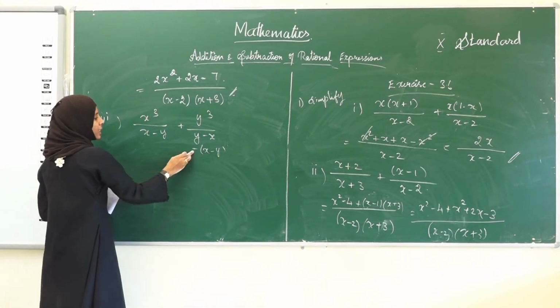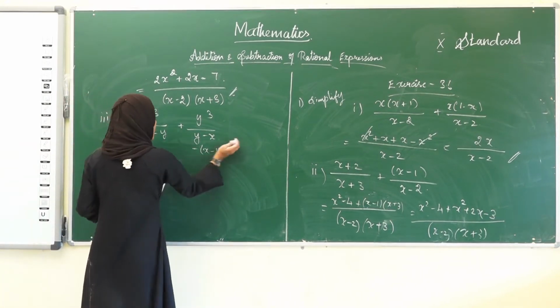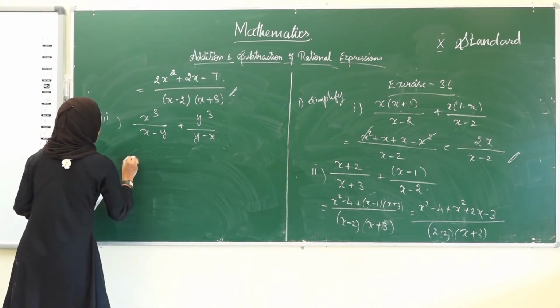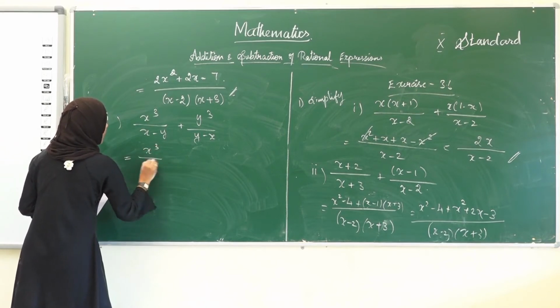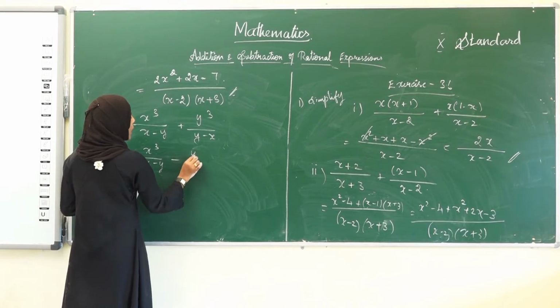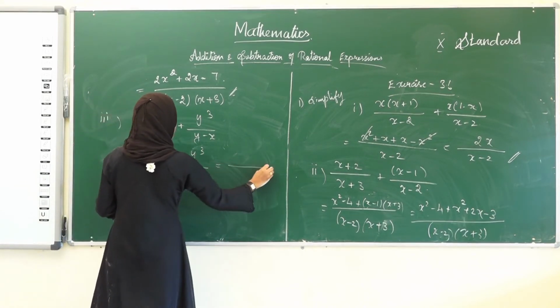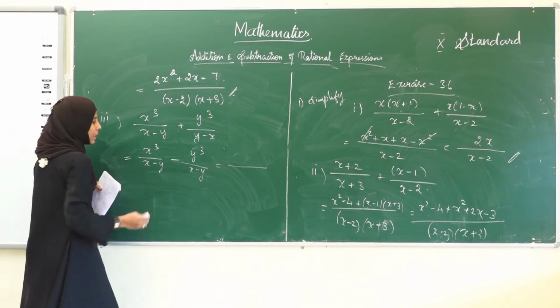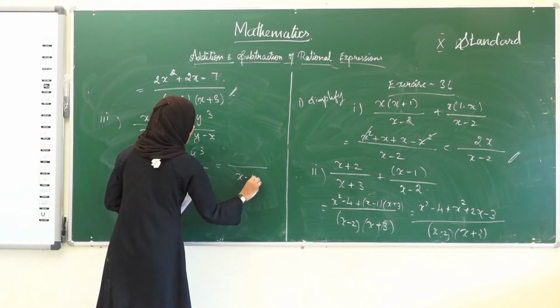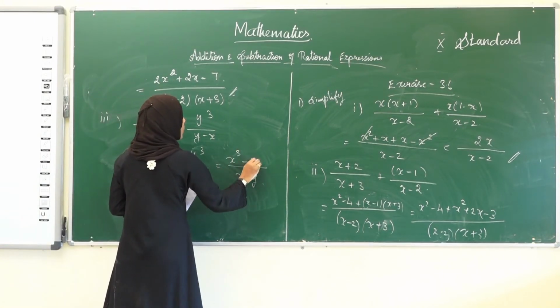If we take it like this, the minus moves here, and we get the same denominator. Therefore, this will be equal to x cube divided by x minus y as it is, minus y cube divided by x minus y. Now we got the same denominator, therefore the resulting expression also gets the same denominator x minus y, and the numerator x cube minus y cube.